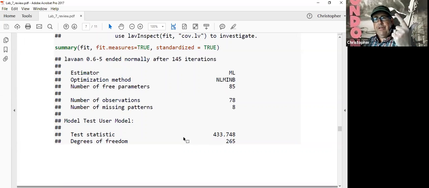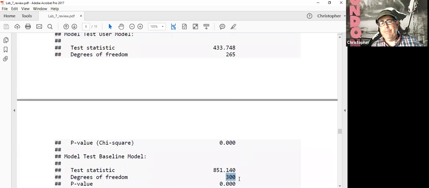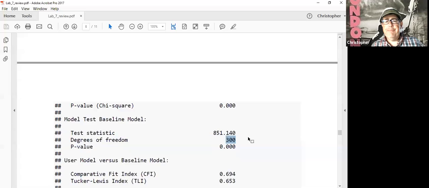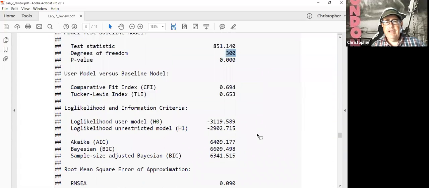Factor 3's correlation with factor 4, factor 3's correlation with factor 5, and then finally factor 4's correlation with factor 5. That's all of the factor correlations, and that's 10. So that's where that difference of 35 comes from, between the full baseline model and then the more restricted user model.